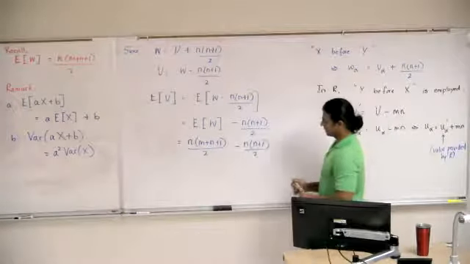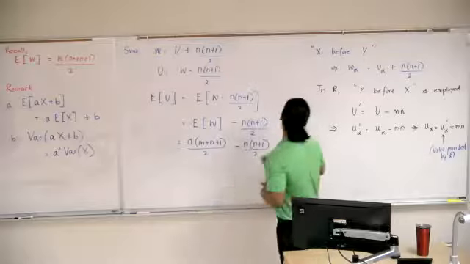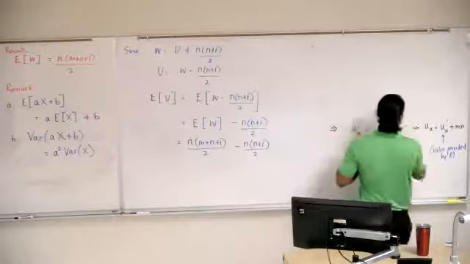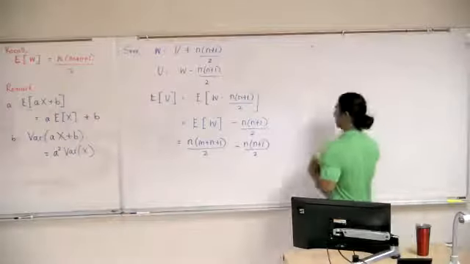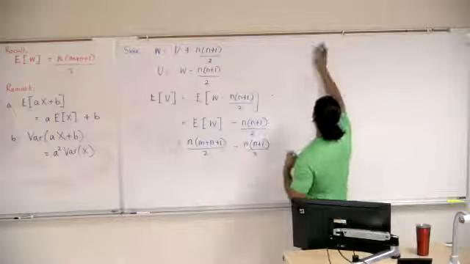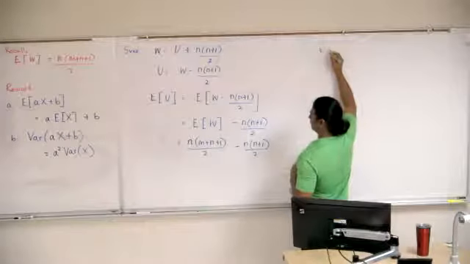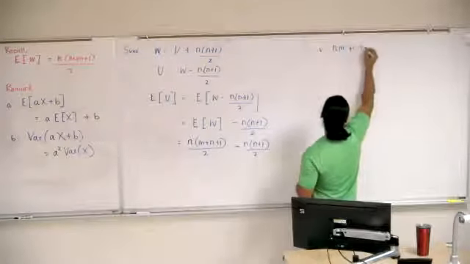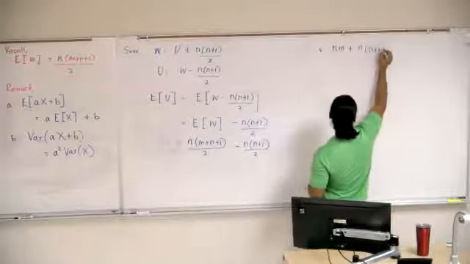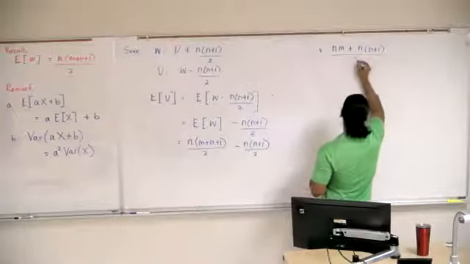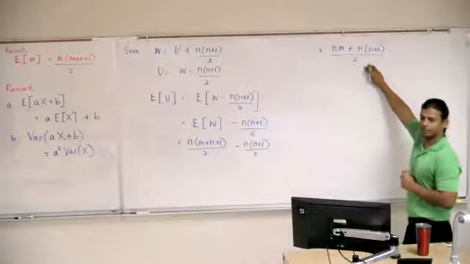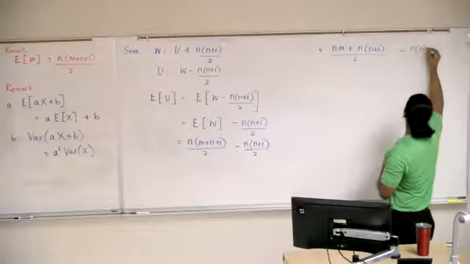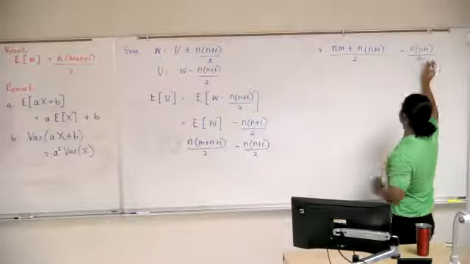If I distribute the N, I will have N times N plus N times N plus 1 divided by 2 minus N times N plus 1 divided by 2.